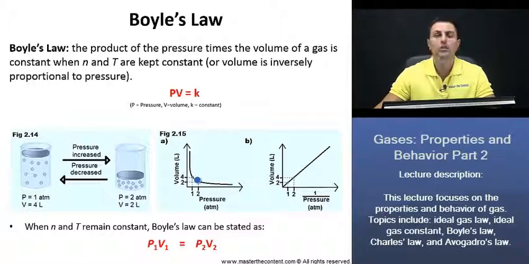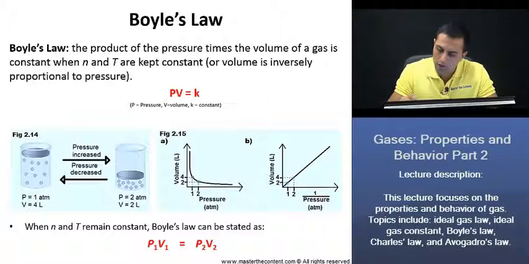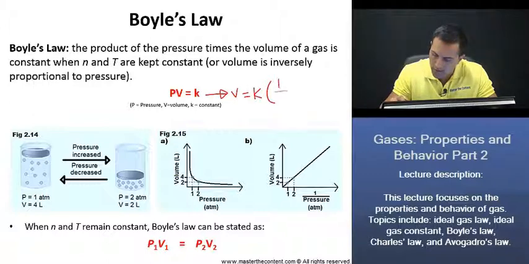Now, if we wanted a straight line, we can obtain a straight line. If we take a look at figure 2.15b here, we see the plot of volume versus the reciprocal of pressure, and we have a straight line. Now, what do we think is the slope for this straight line? Well, to answer that question, we can take a step back, come up to our equation, and rewrite it in the slope-intercept form, as follows.